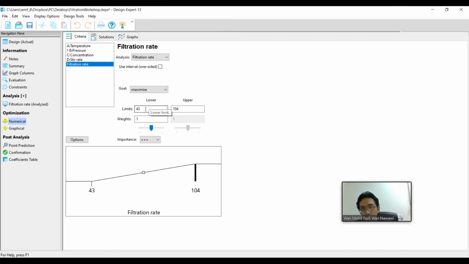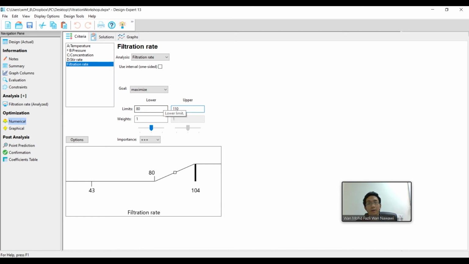But most people forget to change this limit. The goal is maximization, so the limit here is based on what you observed before. The lowest you got from the experiment is 43, but when you want to maximize, why put 43? Put a little higher, maybe 80, and here maybe 110.